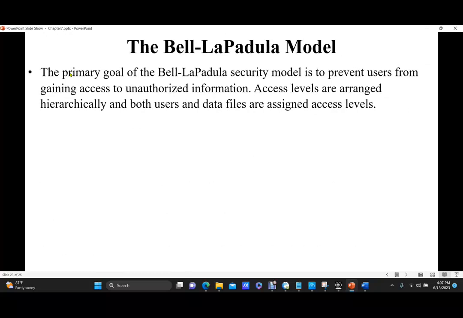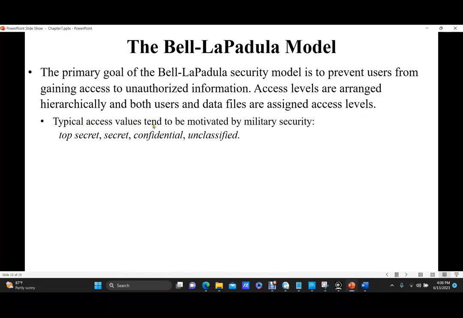The primary goal of the Bell-LaPadula security model is to prevent users from gaining access to unauthorized information. Access levels are arranged hierarchically. Users and data files are assigned access levels.